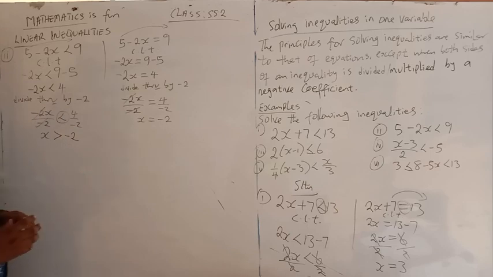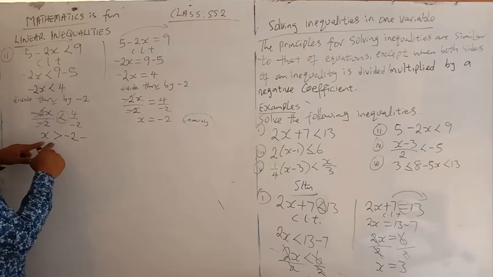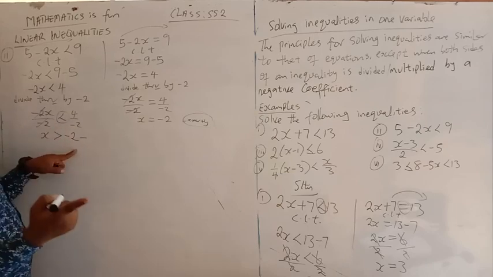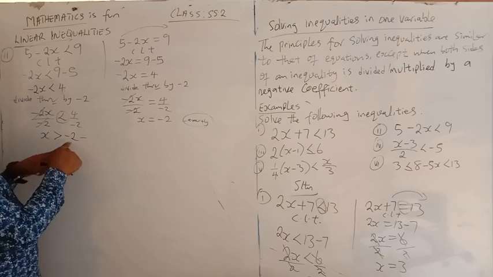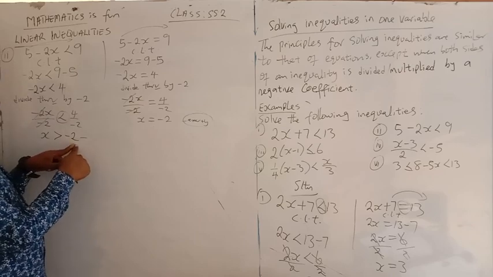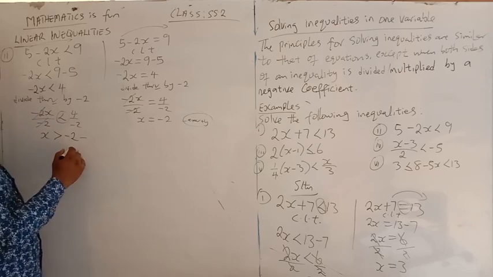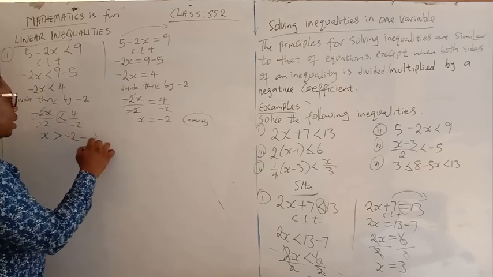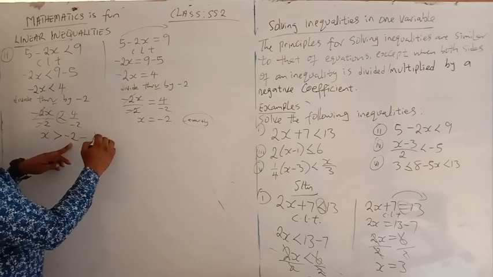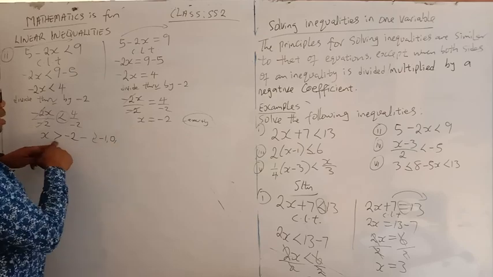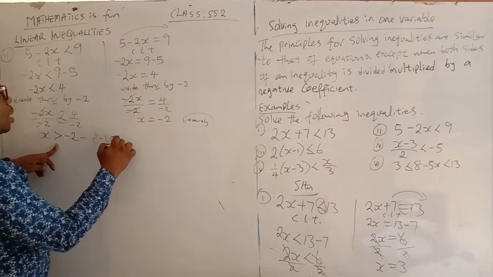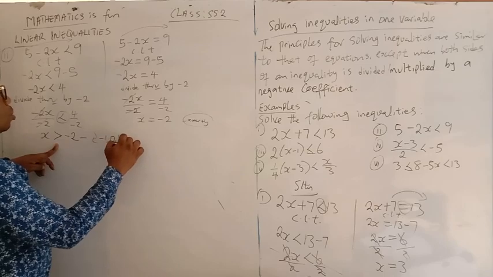So that is x greater than negative 2, which means all the numbers above negative 2, excluding negative 2. So in that, we can have a set of what? Negative 1, 0, because it says greater than negative 2. So you have 1, 2, and so on.